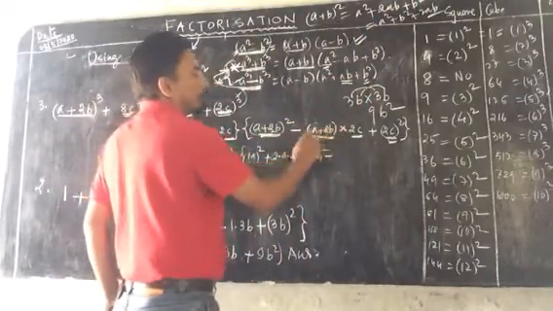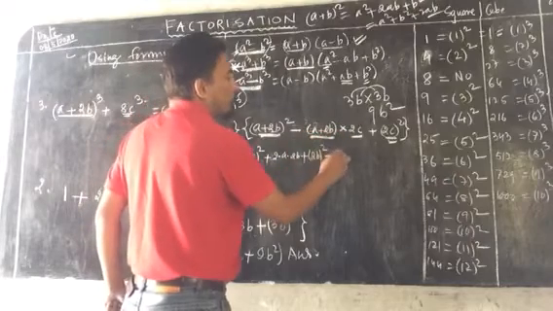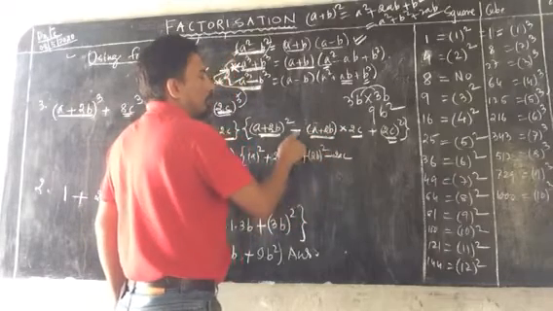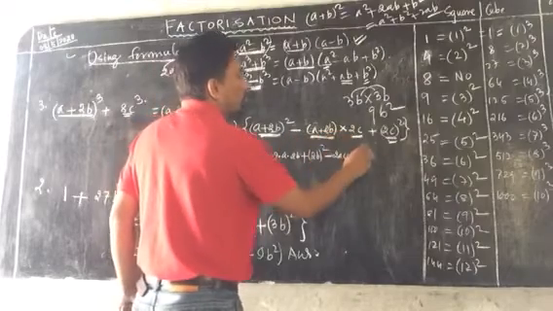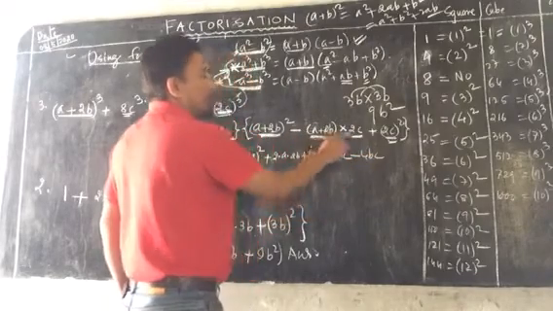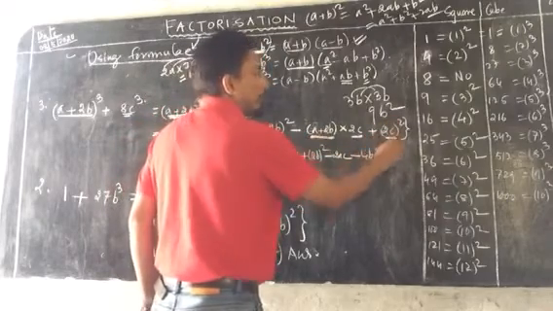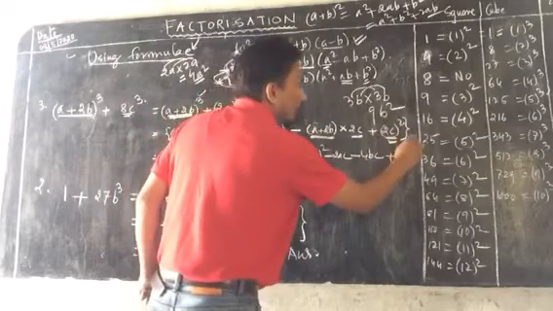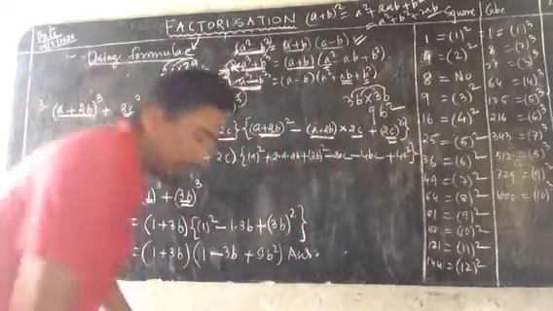Now you have to multiply A by 2C, so 2AC, minus 2 into 2, 4BC. Are you understanding here or not? 2C square, that is 4C square. Curly bracket close.